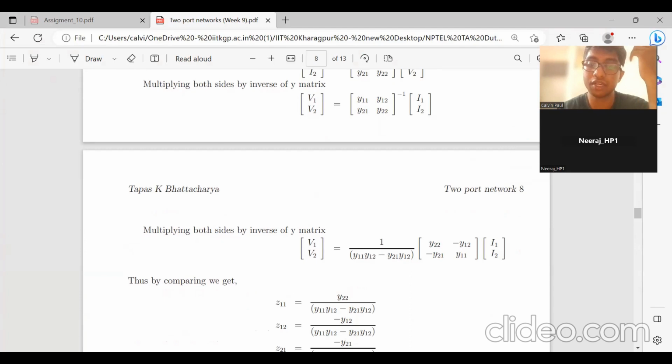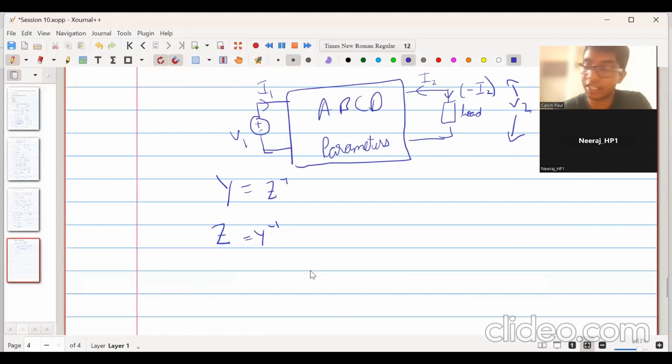So, in case we wanted to find z as y inverse, suppose y is equal to y11, y12, y21, y22. Can you tell me what will be the determinant of y?